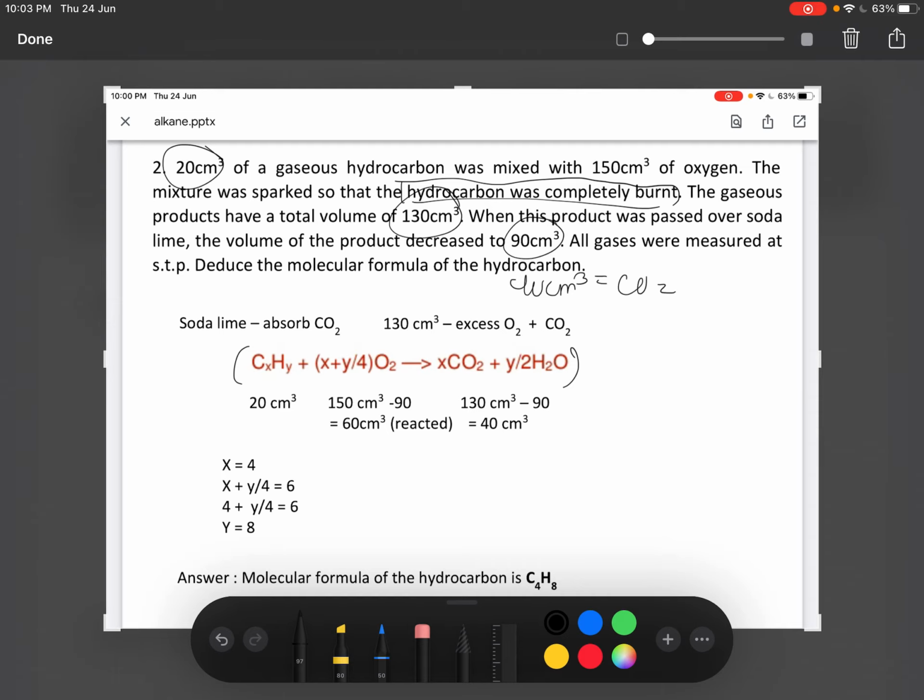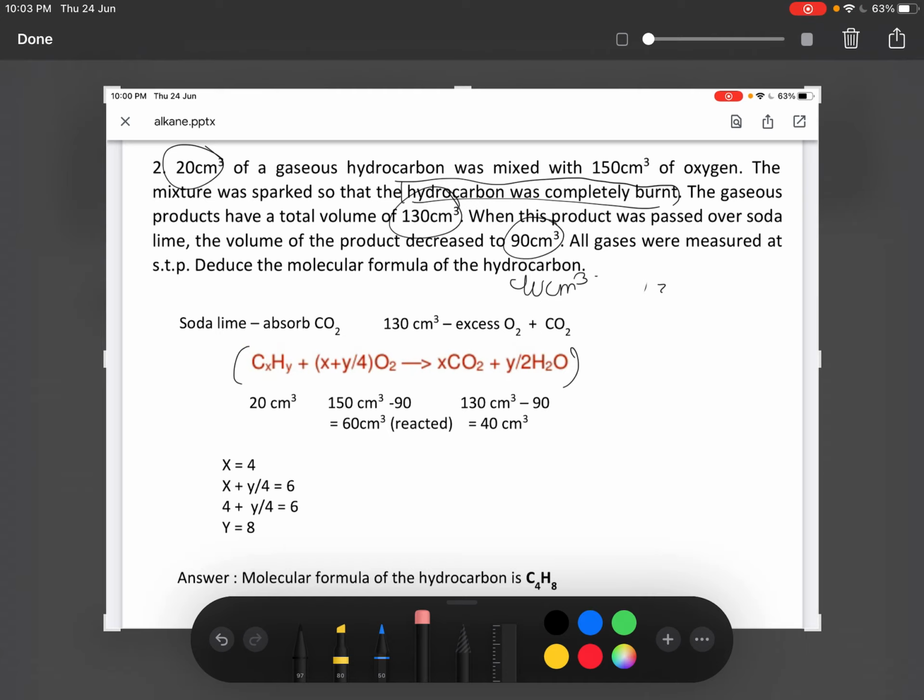Wait, no. Let me see. I forgot, which one does it absorb again? Oh yeah, I think it was carbon dioxide. Wait, no, I got it mixed up. Soda lime is, what was it called again?